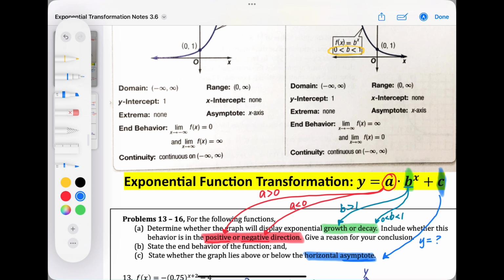Then you can say, Miss Ong, you know what? From the leading coefficient A, if A is positive, that tells me my graph will be above the horizontal asymptote. And yes, indeed, if the leading coefficient is negative, that tells me it will be below the horizontal asymptote.